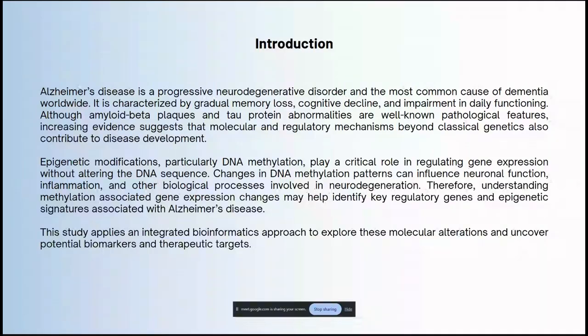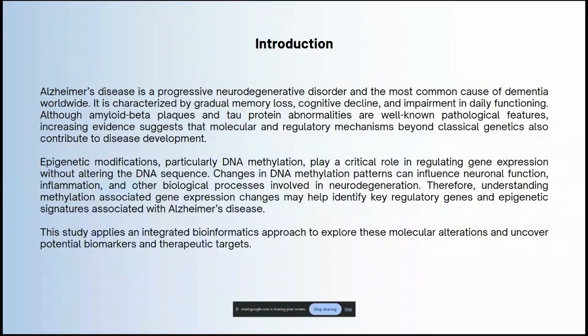While classic mechanisms of Alzheimer's disease involve protein aggregation, recent research shows that genetic and epigenetic factors also play a crucial role. Epigenetic means modifications in gene activity without changes to the DNA sequence, and one of the main mechanisms is DNA methylation. It is a chemical tagging of DNA that usually suppresses gene expression.